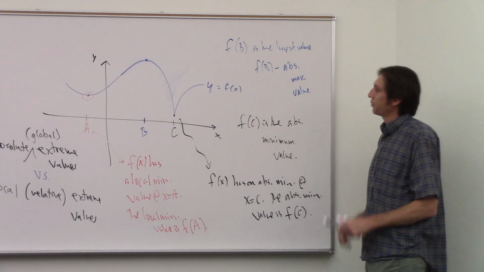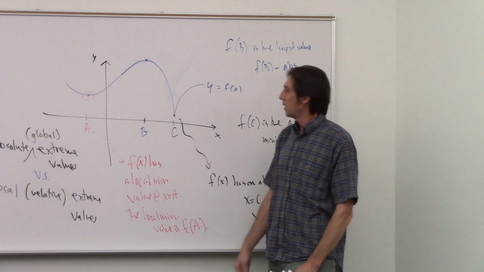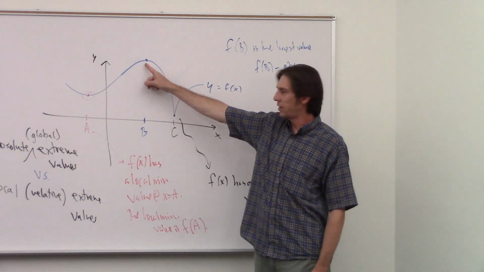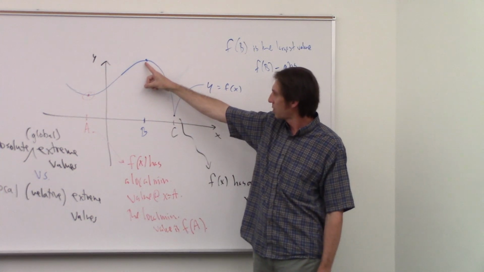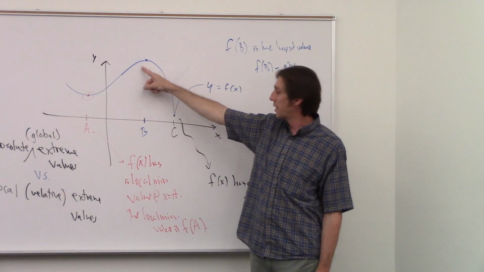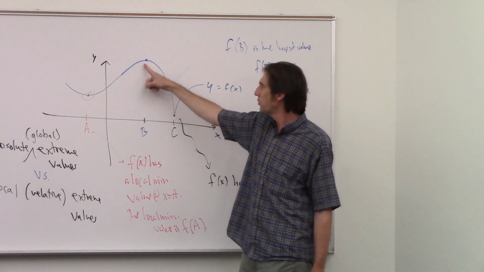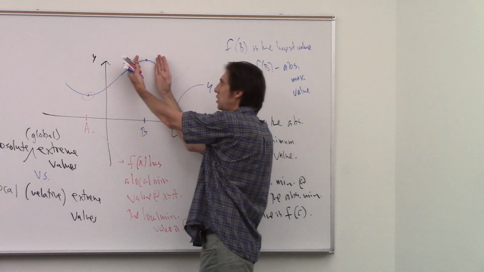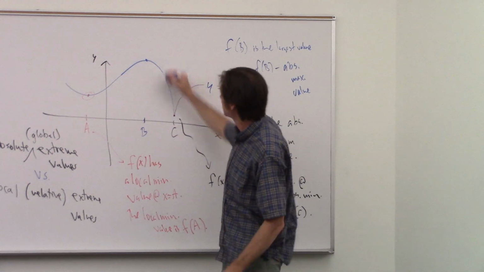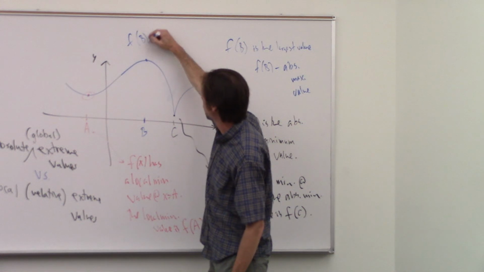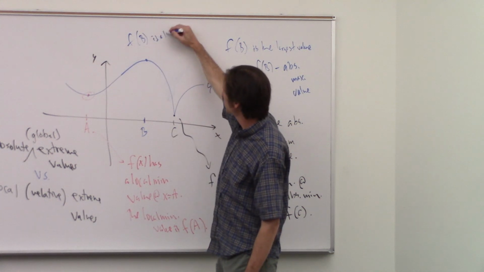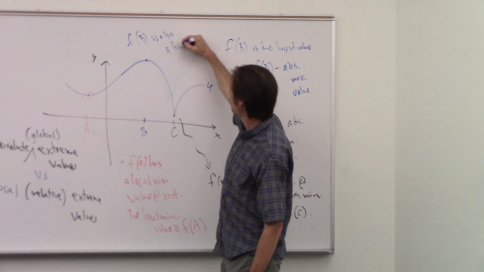Now, in this graph, we already noted that f has an absolute max at b because it's the highest point on the curve, but it's also the highest point of anything nearby. So not only is f of b the absolute maximum, but f of b is also a local max.